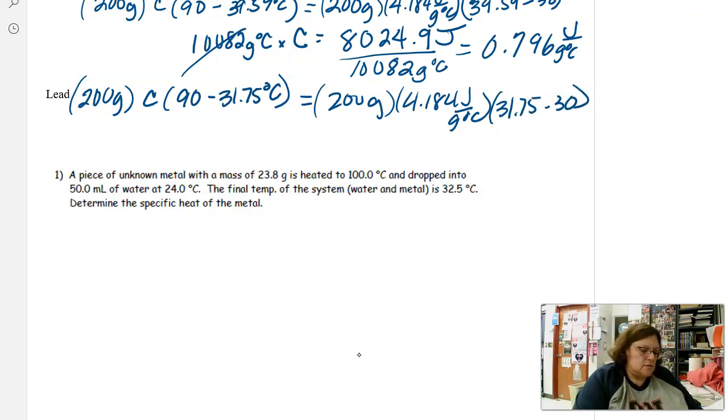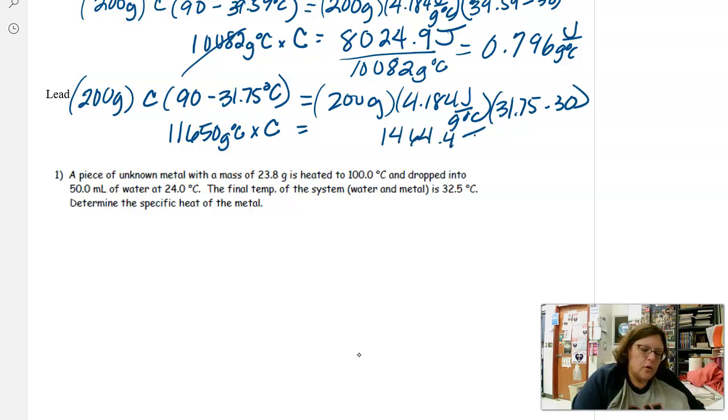So we get 200 times 90 minus 31.75, which is 11,650 grams degrees Celsius times specific heat, equal to 200 times 4.184 times 1.75.